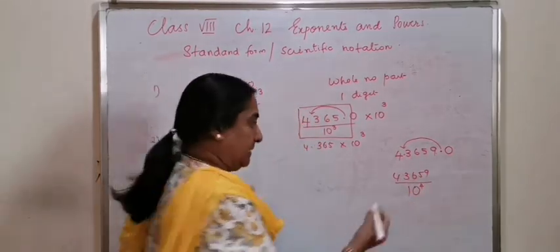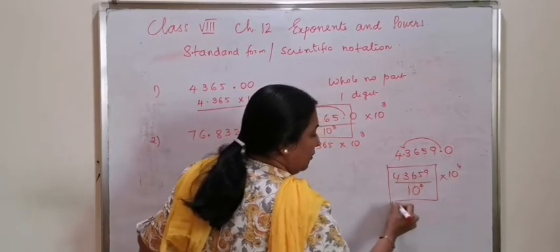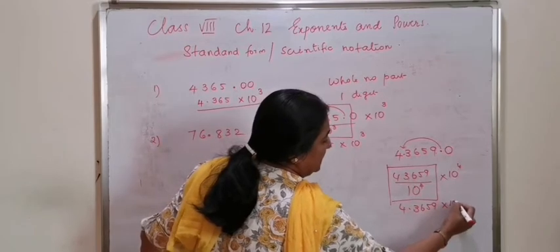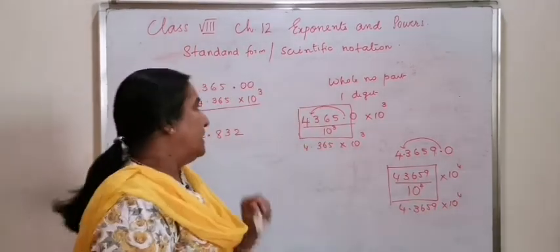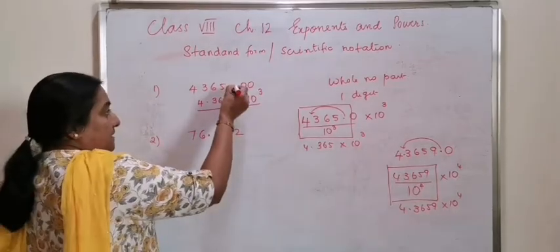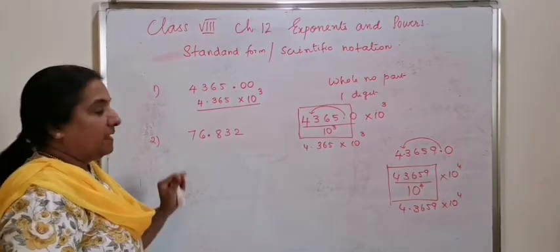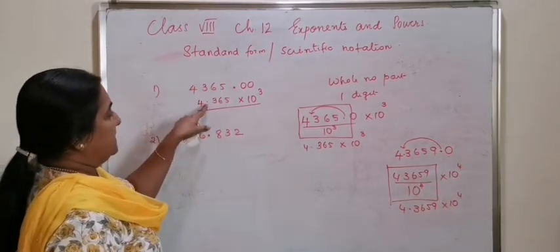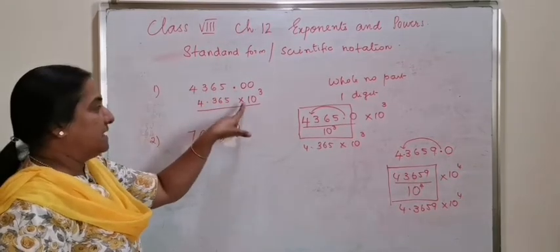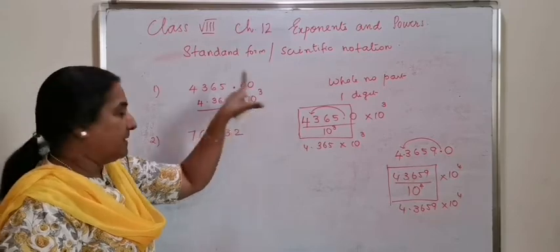At the same time, it will be multiplied by 10 to the power of 4, or this is 4.3659 into 10 to the power of 4. Easily you can remember the number of places you are moving to the left, 1, 2, 3, you can take it with 10 to the power of that positive power.